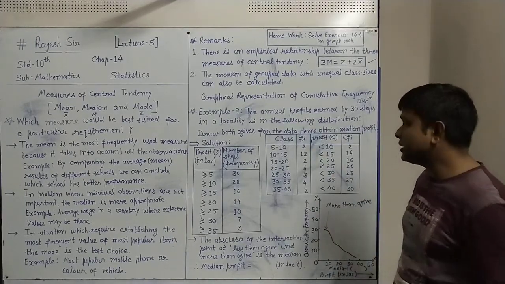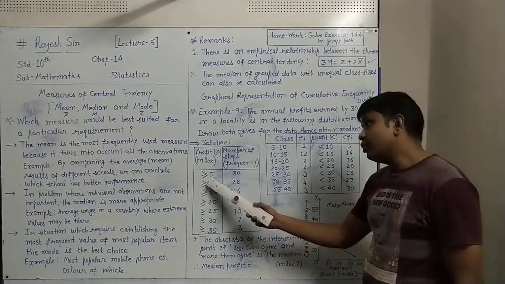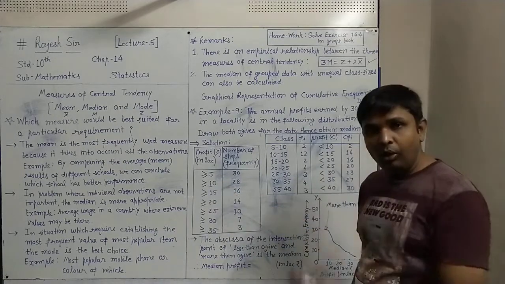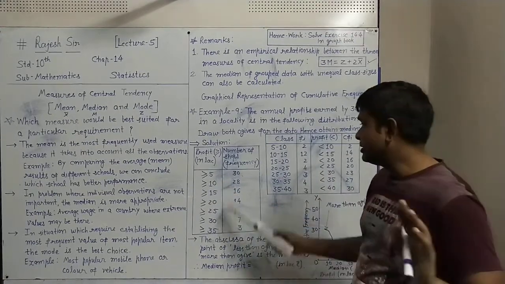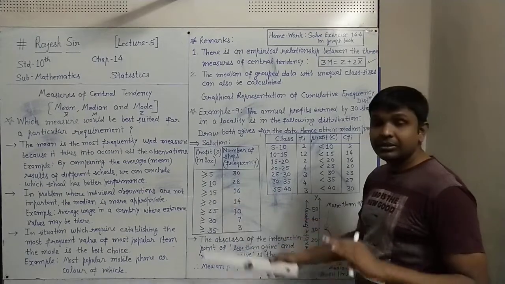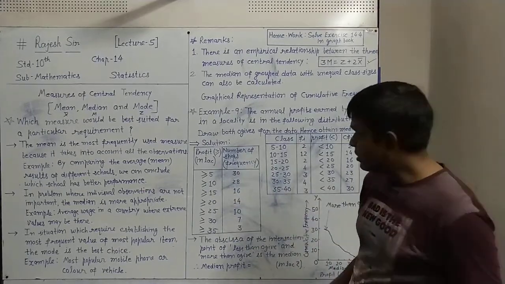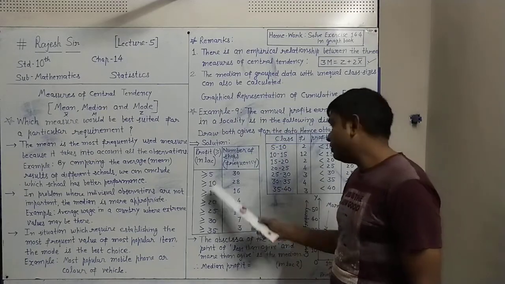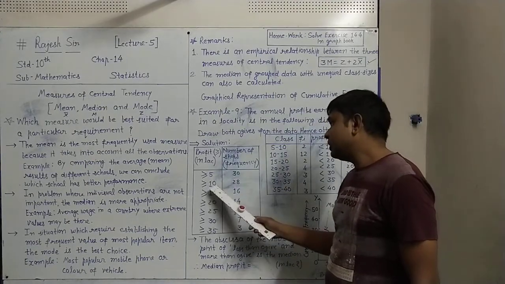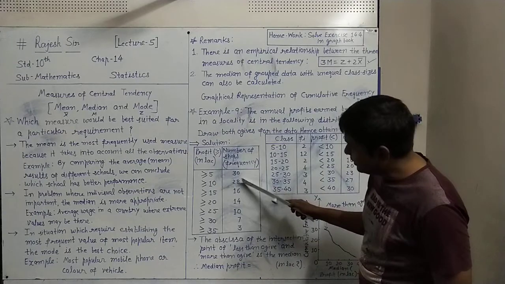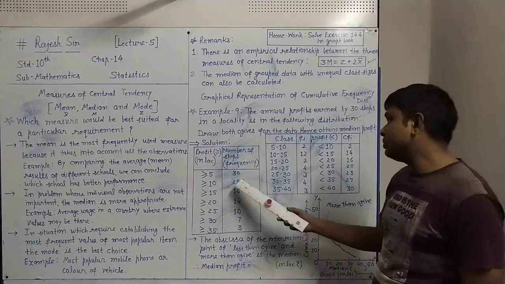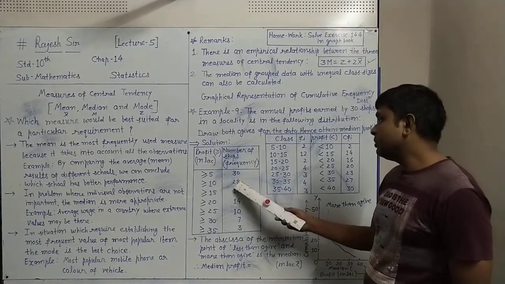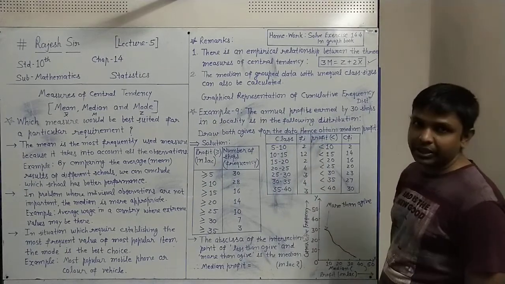What about frequency? That you also understand. More than 5 means all the profits are coming, that is 30. And more than 10 means more than 10, all the profit comes. So what will be between 5 and 10? The profit between 5 and 10, you will take the difference of 30 and 28. What is the difference between 30 and 28? 30 minus 28 is 2. So that way 2 is written.